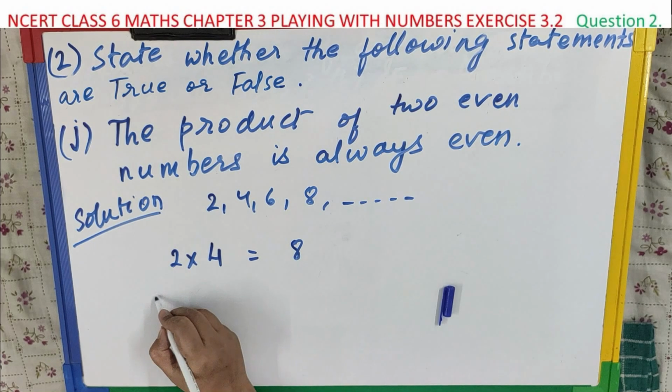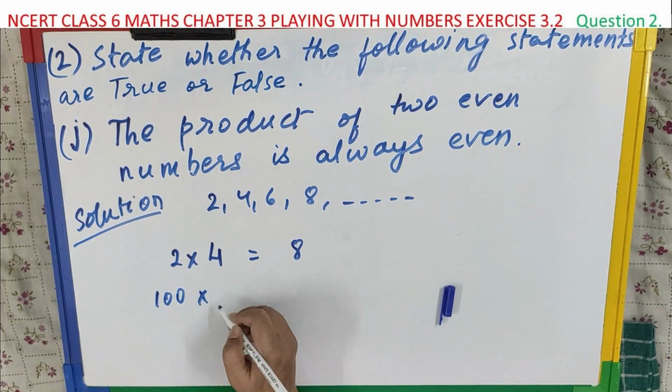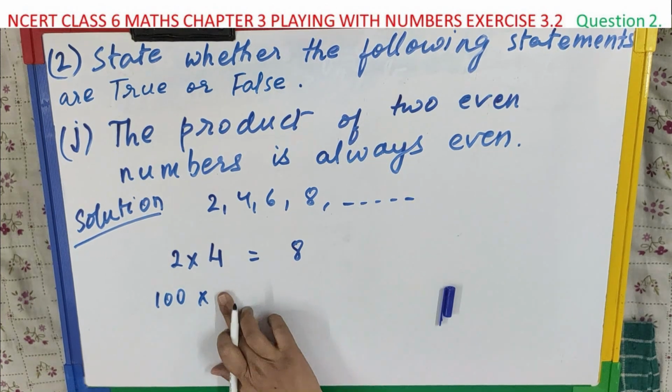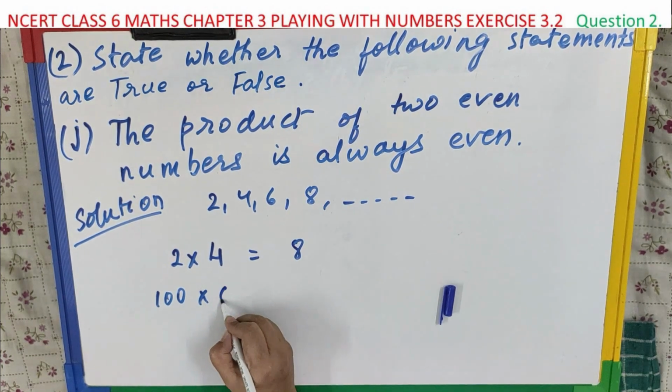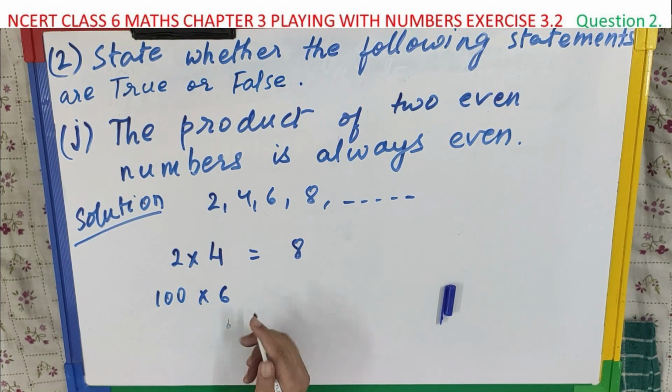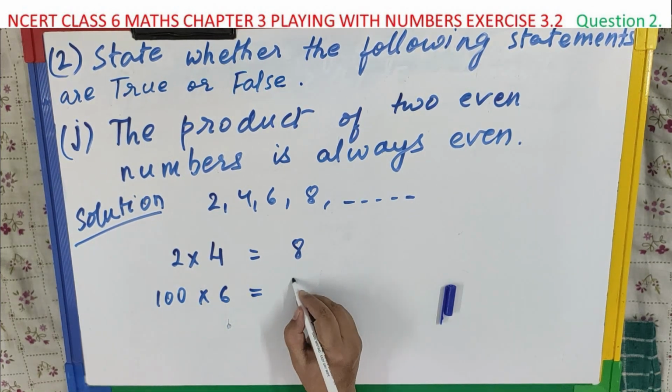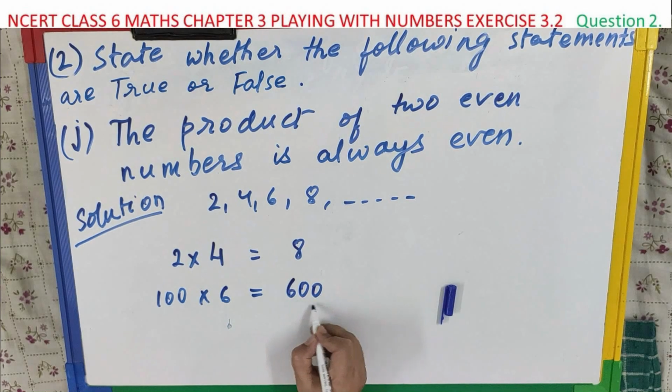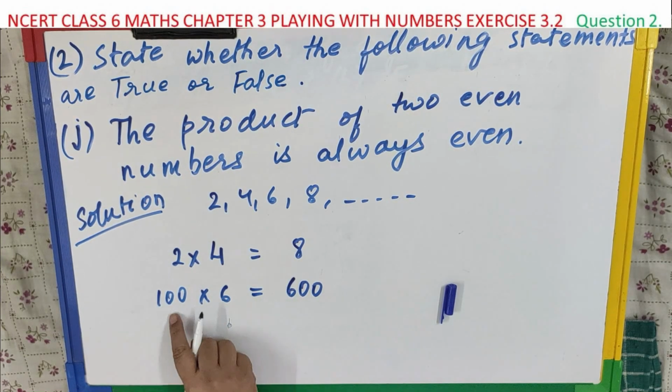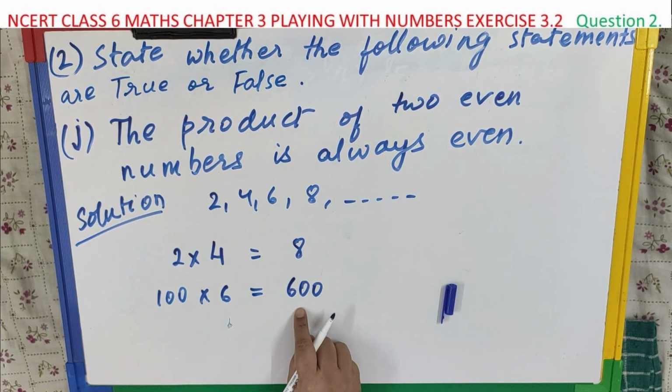Okay, 100 is also an even number, and 6 is also an even number. Let us find the product of these two even numbers. It is 600. This 600 is also an even number. So the product of two even numbers is an even number.